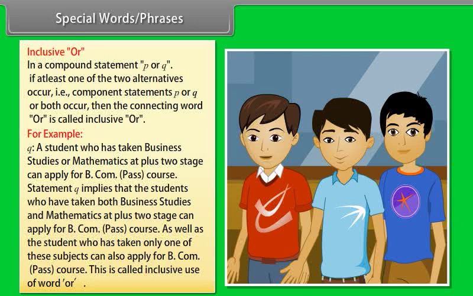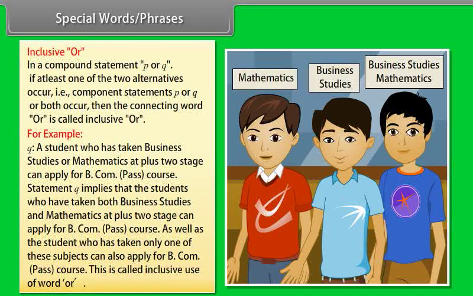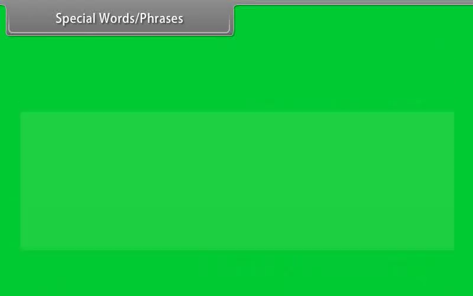Statement Q implies that students who have taken both business studies and mathematics at +2 stage can apply for BCom pass course, as well as students who have taken only one of these subjects. This is called inclusive use of the word "or".